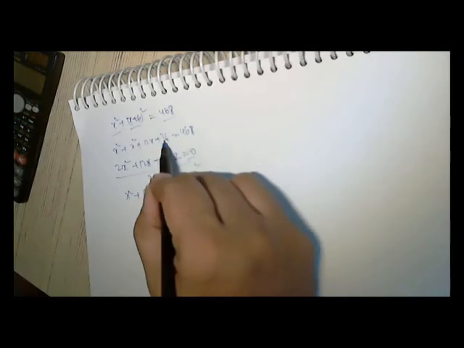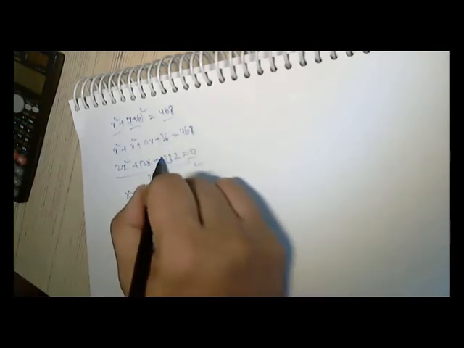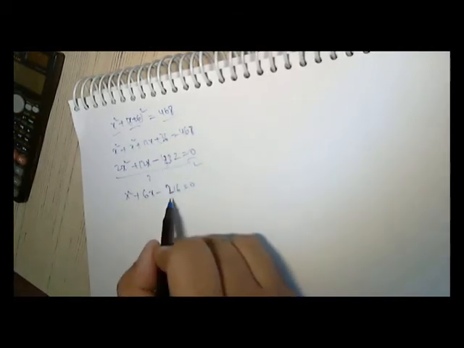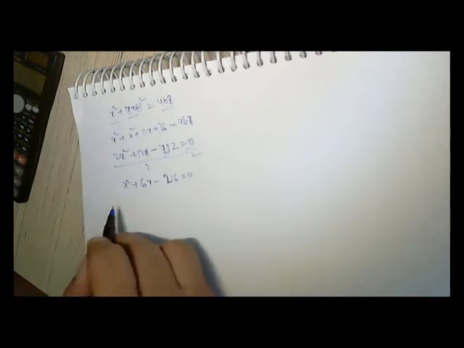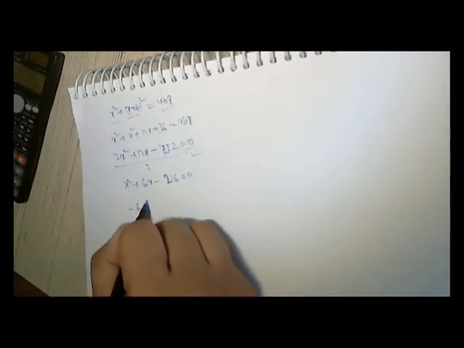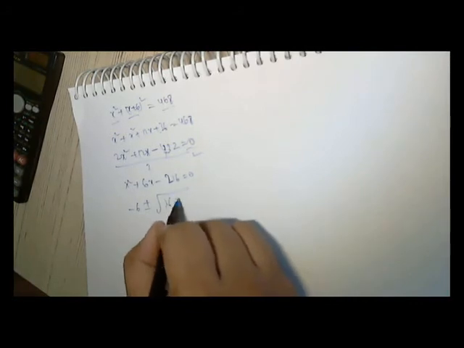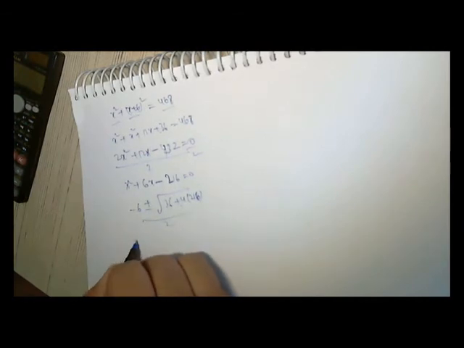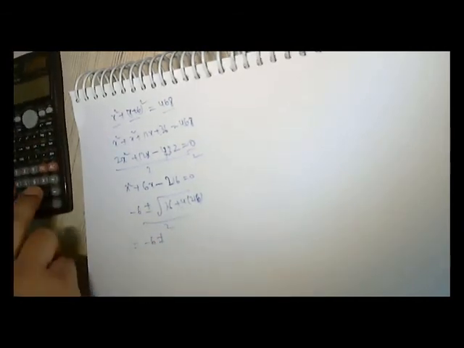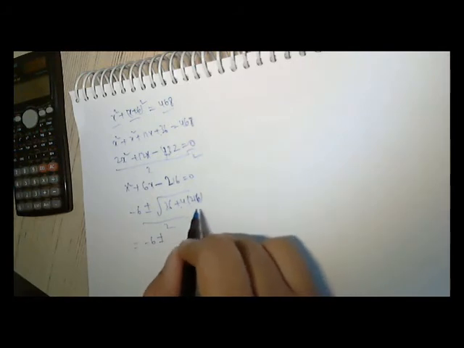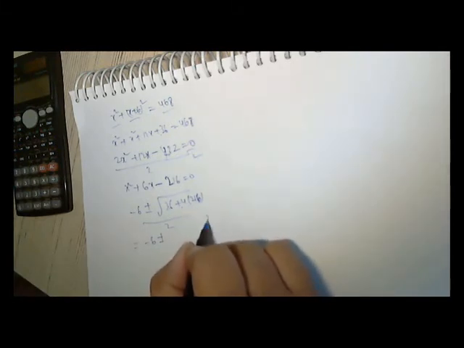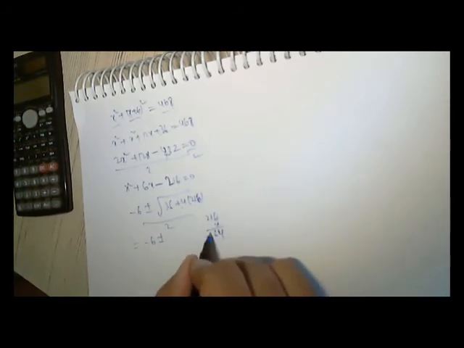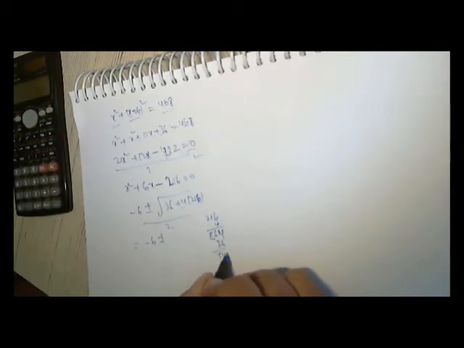Now I have minus B plus or minus square root of B square minus 4AC, by 2A. That is 6 square minus 4 into 216. 216 into 4 is 864, plus 36 is 900.